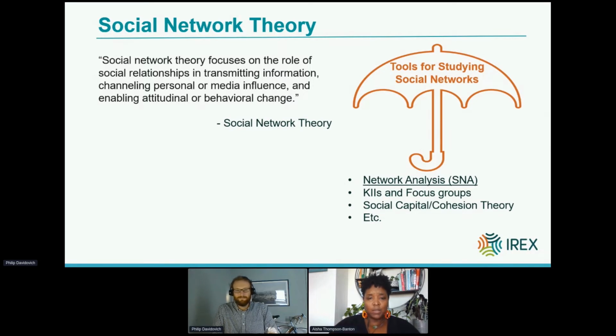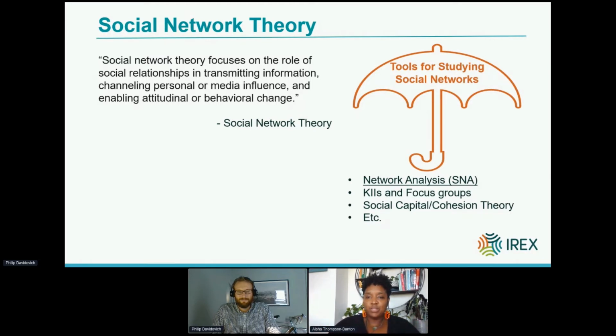Put simply, social network theory is the study of how people and organizations and groups interact with each other inside their network, right? How are we collaborating together? So broadly, that is what that is.